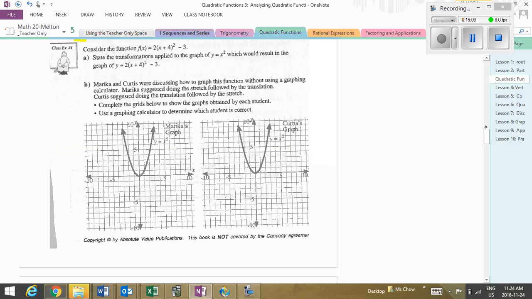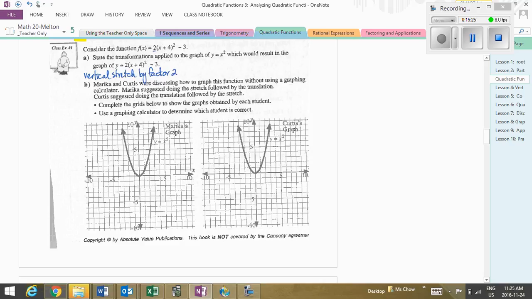So if we have the function 2 times (x plus 4) all squared minus 3, let's take a look at what's going on here. We have that a value is positive 2, so that means that we have a vertical stretch by factor 2.